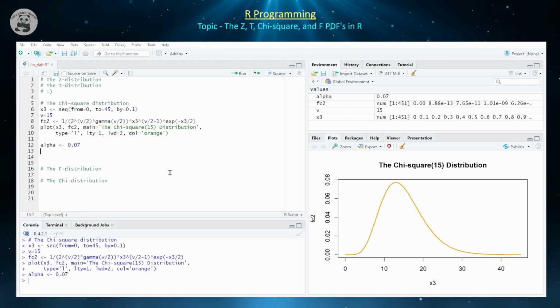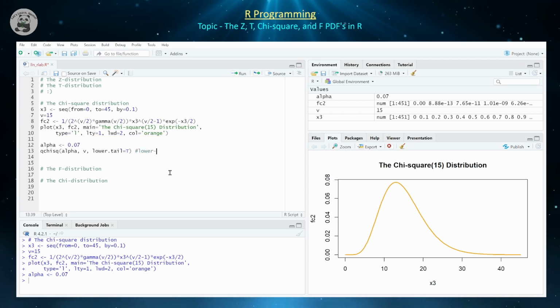So we used qnorm and qt for the quantiles of a z and t distribution. Just like for those, we're going to be using qchisq, which is short for the quantile of a chi-squared distribution. So for example, qchisq is going to be our value. We're going to have our alpha value that's not going to be divided, our degrees of freedom, and then we're going to set lower.tail equal to TRUE.